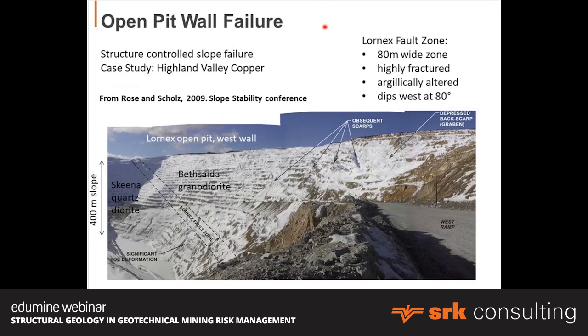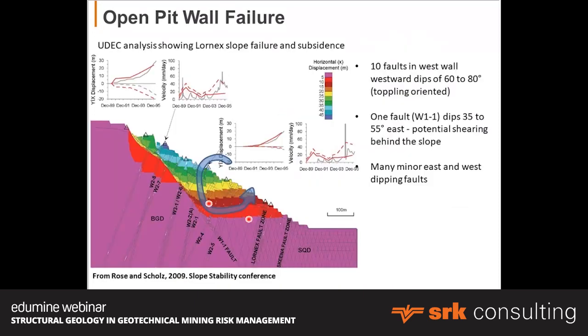Here's a good case study from the Highland Valley Copper Mine, and this is the Lornex pit, and what you can see here is the deep-seated failure within the slope. You can see how parts of the slope are rising up and parts are sinking down, creating these obsequent scarps. There's quite a complex fault system here with a Lornex fault system at depth, and when they modeled this, they were able to show that there's a large number of secondary fault structures feeding into the basal fault system, and what we're getting here is known as toppling failure.